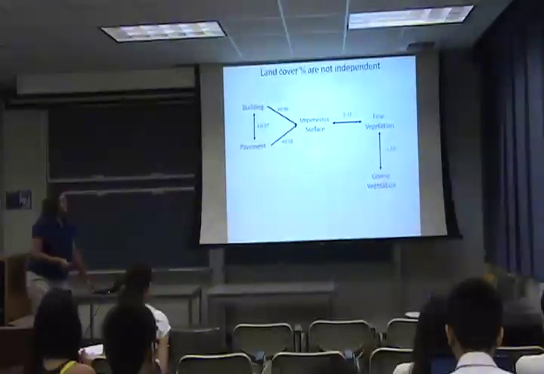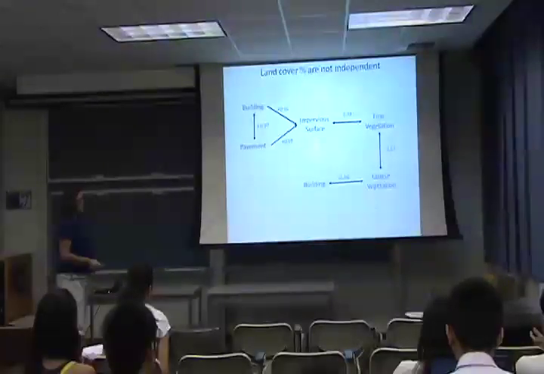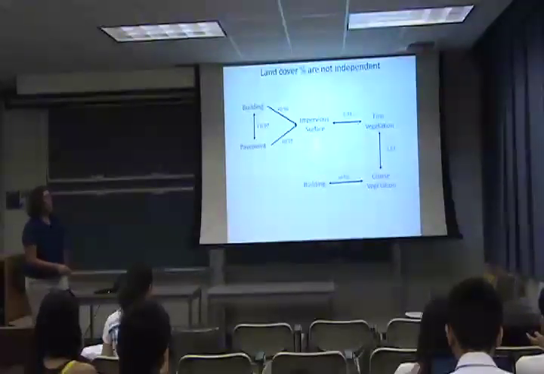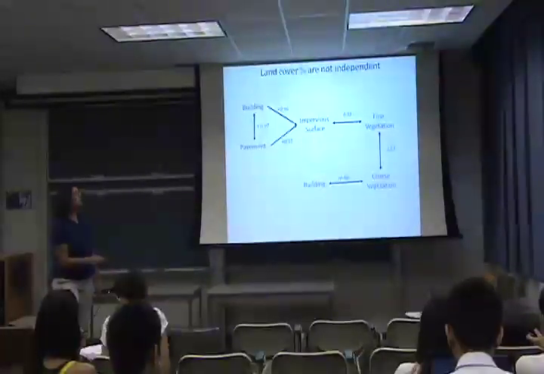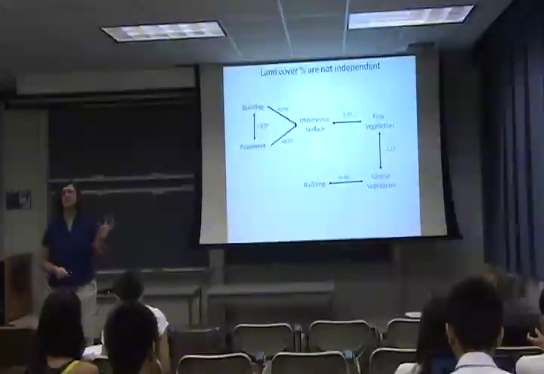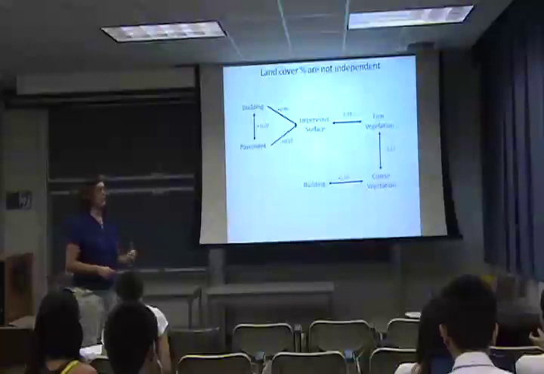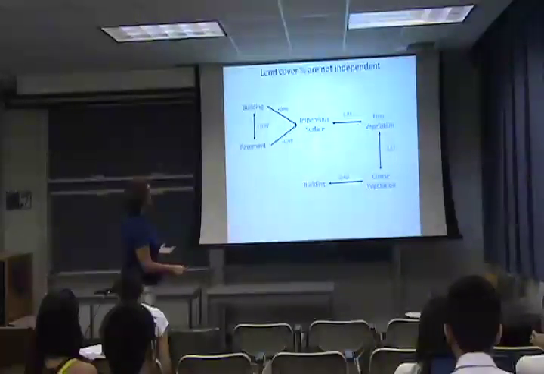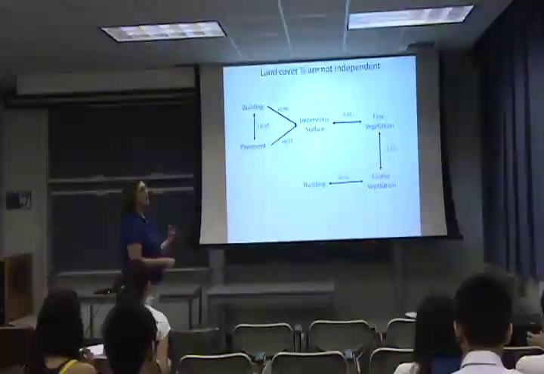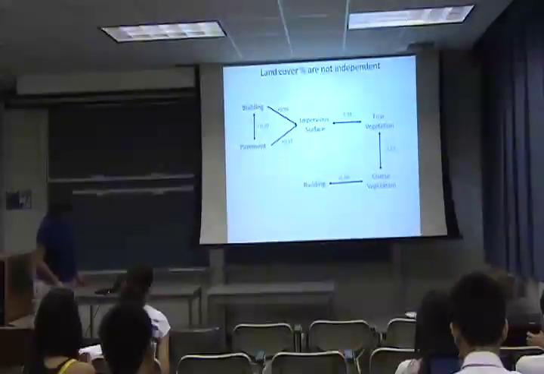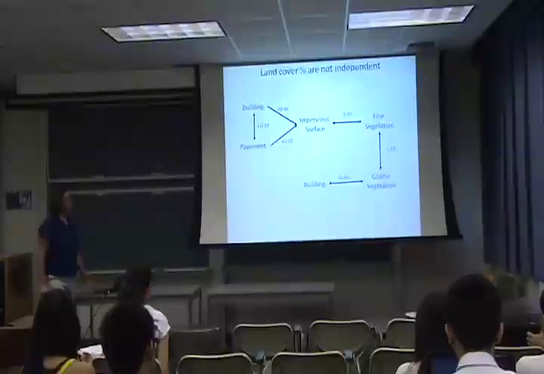There's a weak negative relationship between fine vegetation and coarse vegetation, which is trees, and trees and buildings are positively related, even though vegetation is not related to impervious surface or pavement. And we think that's because in the Sacramento landscape, people are planting a lot of trees next to buildings for shade. So we see this relationship, but it's not really related to the intensity of urbanization or anything like that. We think the mechanism is that they're planting these things next to buildings for shade.